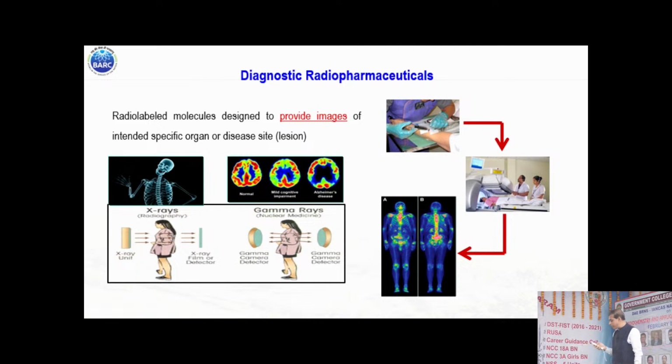Now, in radiopharmaceutical, there is basically no external source. Here what we do is make a radioactive preparation and inject it in the patient's body directly. So, here the source is the patient himself or herself, because we have injected the radioactivity in the patient's body, and due to the radioactive decay, radiation will come out from the patient's body, which is detected using detectors.